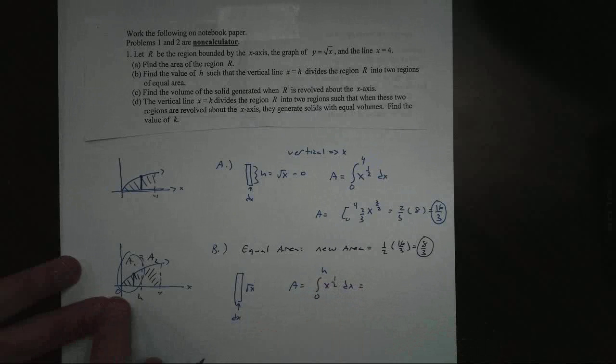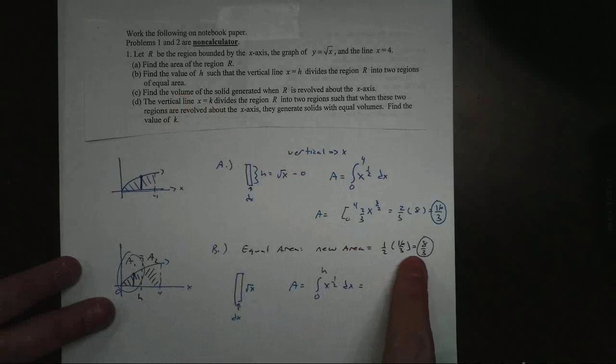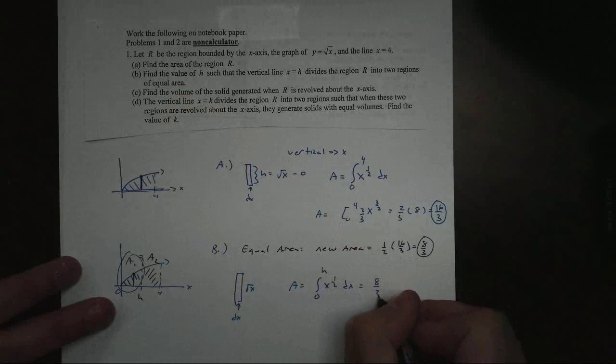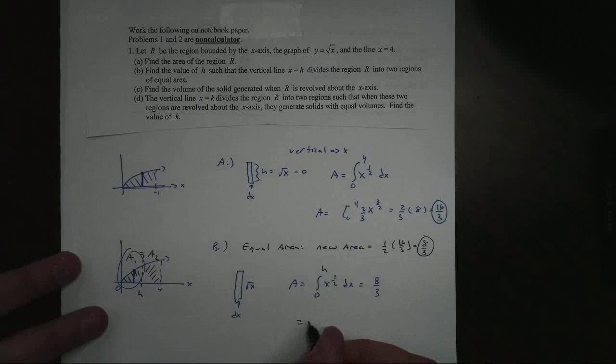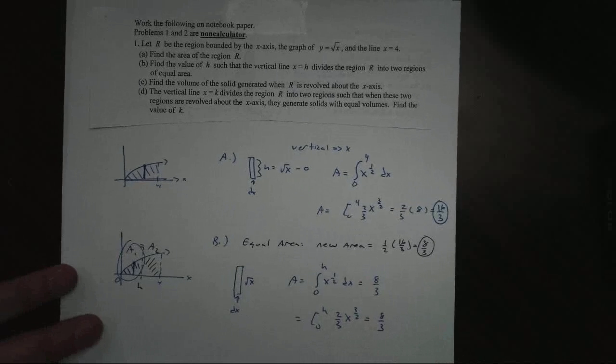But I do know what the area has to equal. Because it has to be equal area, it has to be half of our 8/3. And I just integrate this. From 0 to h, I get x to the 3/2 times 2/3 equals 8/3.